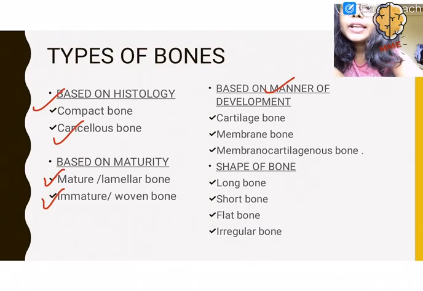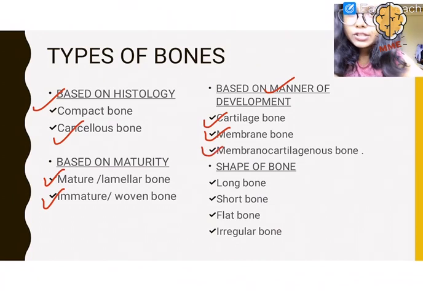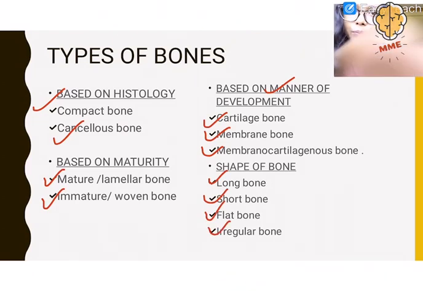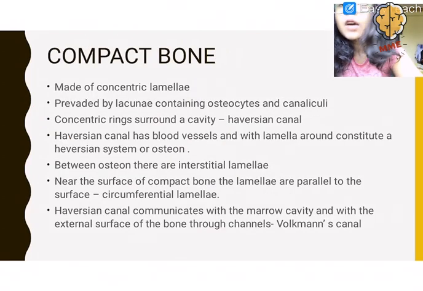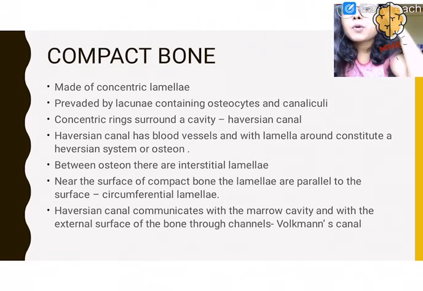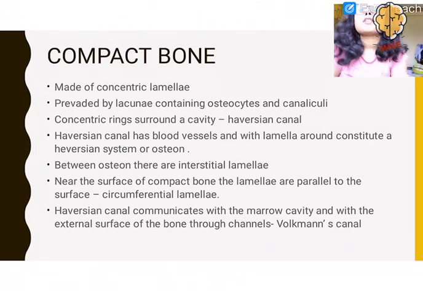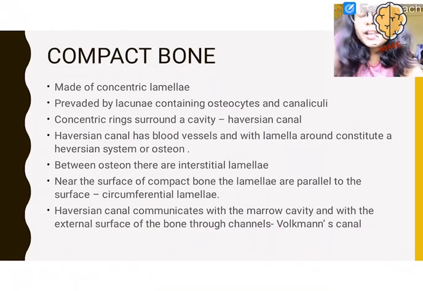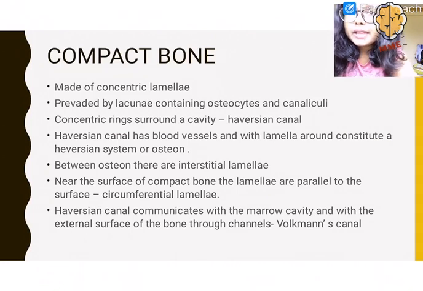Manner of development, they can be developed from cartilage, they can be membranous in origin, they can be membranocartilaginous in origin. Now shape of the bone can be long bone, short bone, flat bone, or irregular bone. Now here we will be studying histology of the compact and the spongy bone only. Other classifications are not part of histology, and they are mainly the general anatomy part.